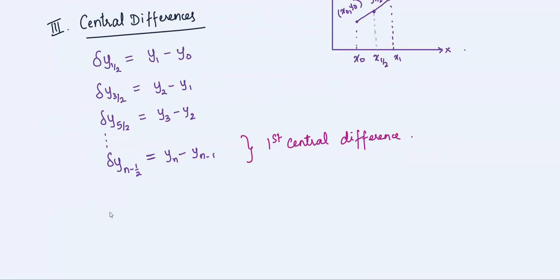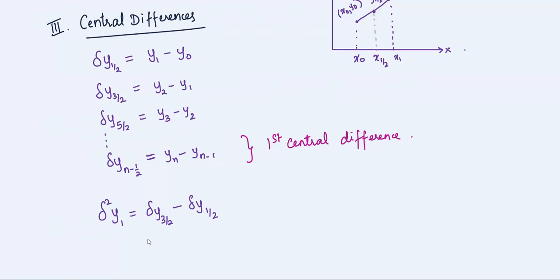Now, delta square is the second central difference. So delta square y1 will be delta y3 by 2 minus delta y1 by 2.